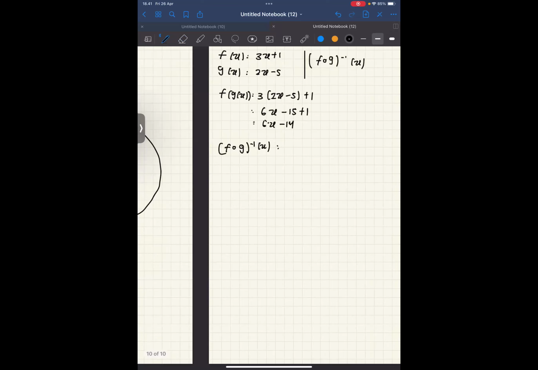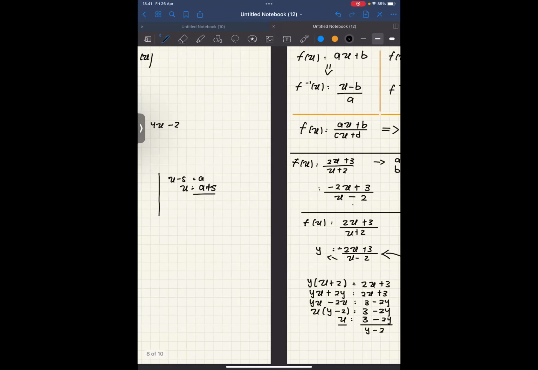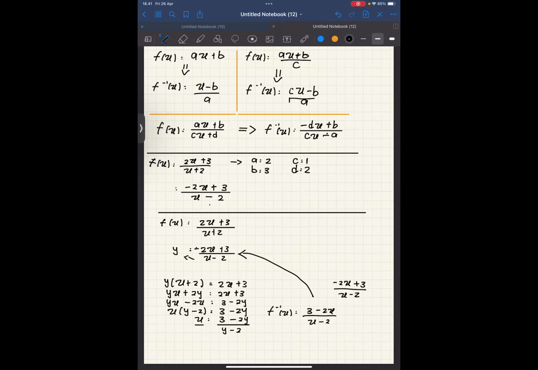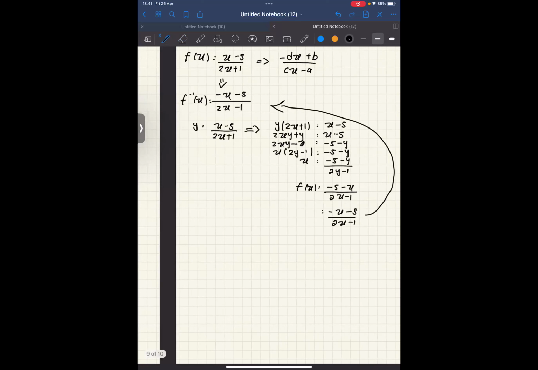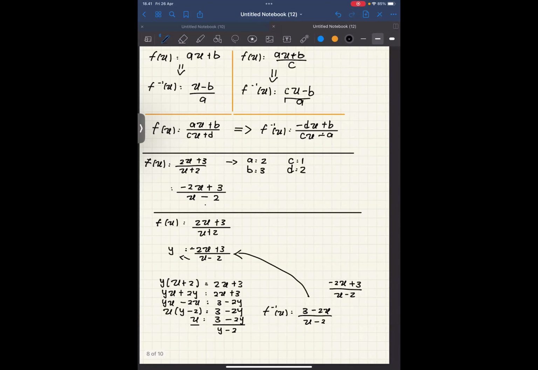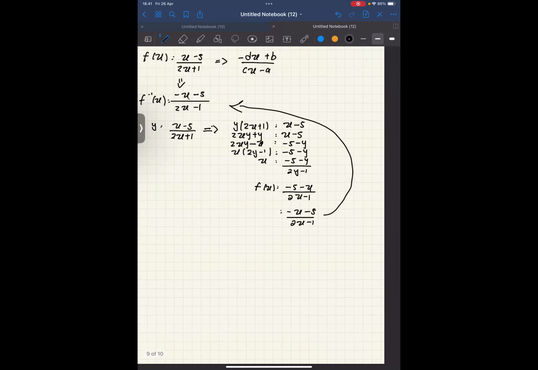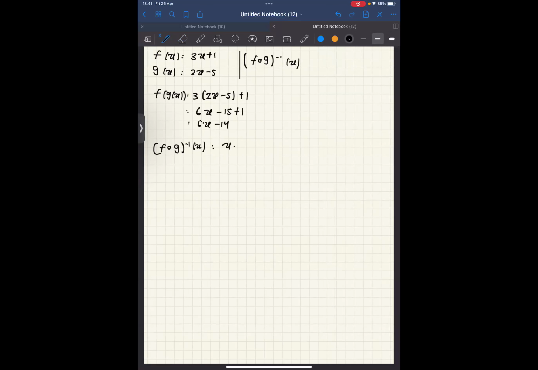You can see from the one I gave before, if we have ax plus b, it became x minus b over a. So the x here minus b, minus 40, so it became positive 40 over a, over 6.